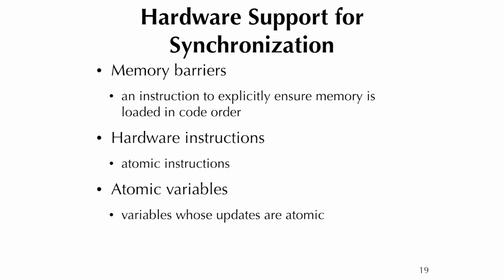That requires you to actually get feedback from the memory subsystem, because these memory writes can take a long time. And so it's not just in progress, it actually gets committed, right?